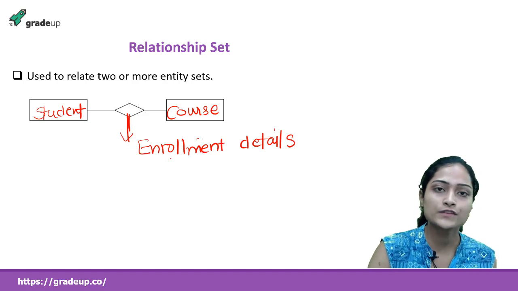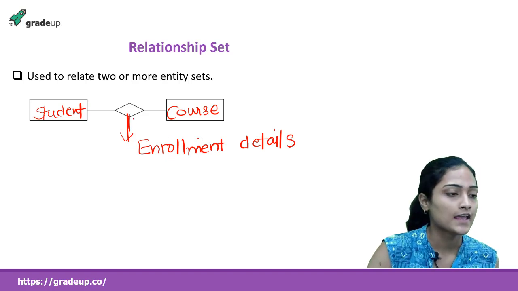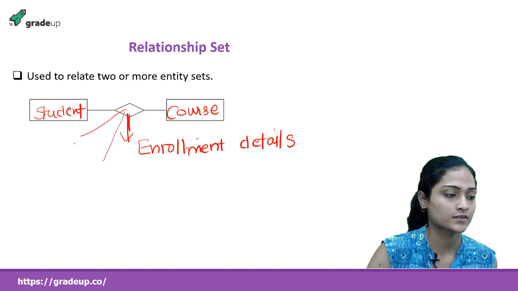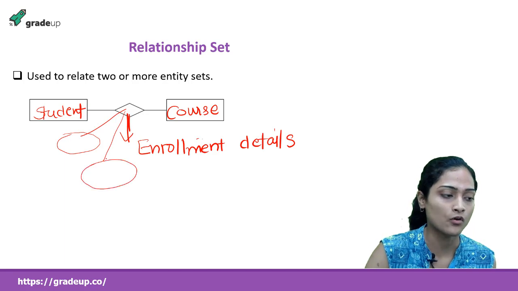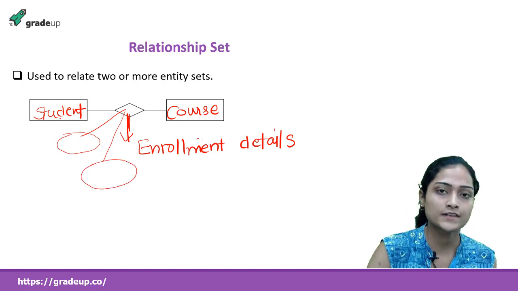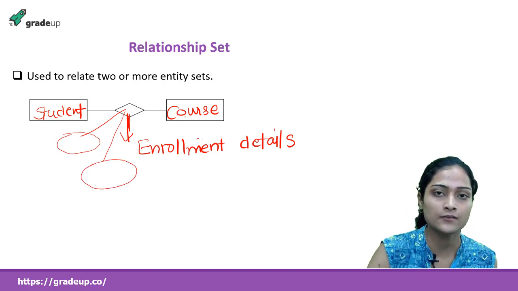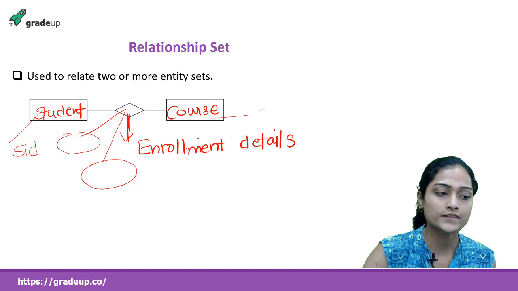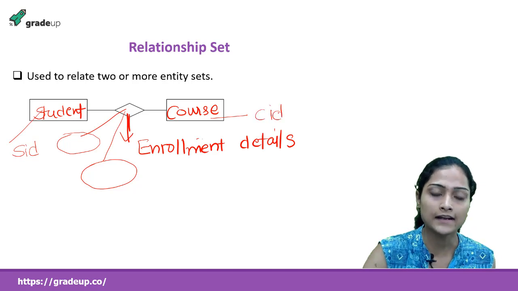How is it going to store the enrollment details? This relationship set will surely have two attributes. You know now how to represent attributes with the help of ovals. The candidate key for the student relation and the candidate key for the course relation. Suppose a student has SID and course has CID as the candidate key.